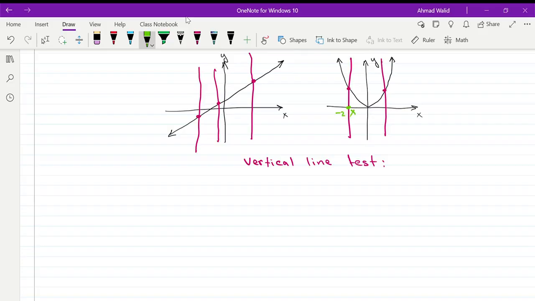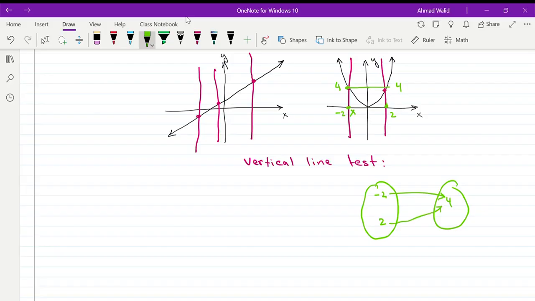I don't know exactly what the value is. For each x, you get only one y. Here, it's maybe 4. Here, if x is +2, you get y of 4. So when x is -2 and when x is 2, y is 4.